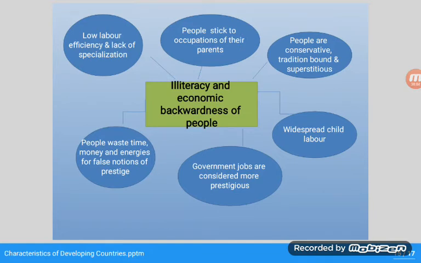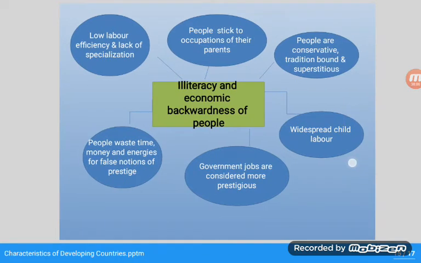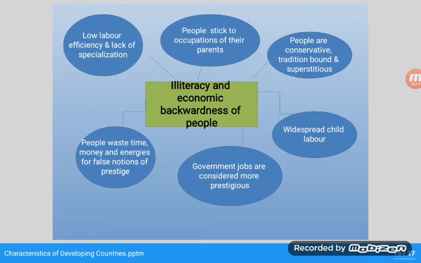And you can see that there is widespread child labor in such countries, since the number of children per family is large. So children become their economic engines. As soon as they become 5-6 year old, either they are forced to beg, or they are made to do some kind of work to earn money.